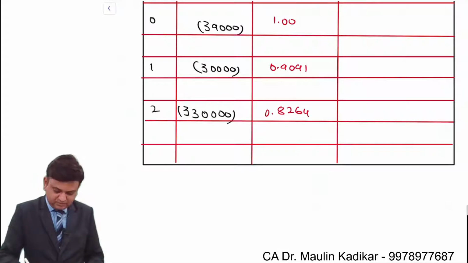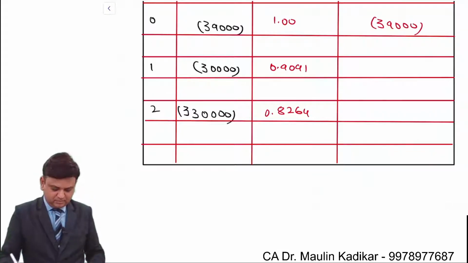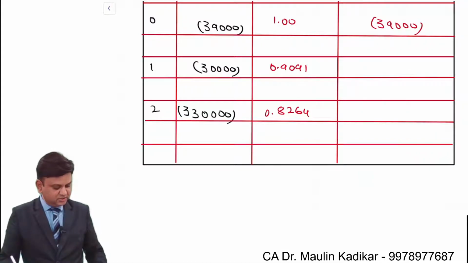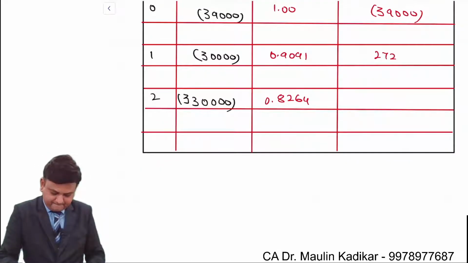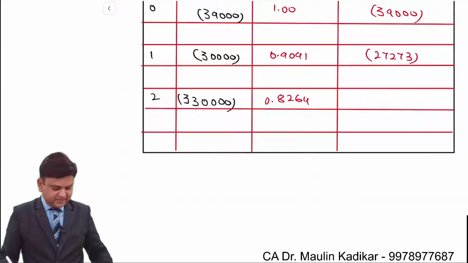Present value: cash outflow of 39,000. Then 30,000 into 0.9091, that is 27,273. Then 3,30,000 into 0.8264.